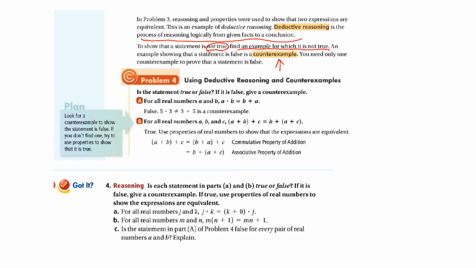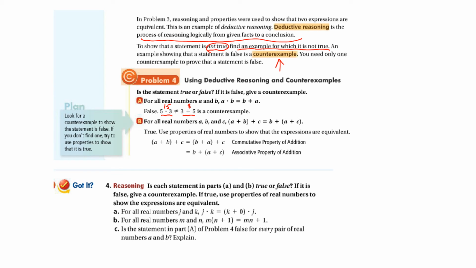Put numbers in and see if you can find one that's false. So they found the example 5 times 3 and 3 plus 5. 5 times 3 is 15. 3 plus 5 is 8. They definitely don't equal each other, so that would be a counter example.